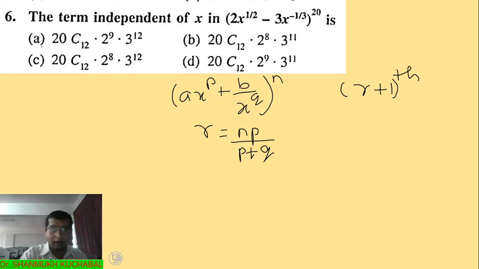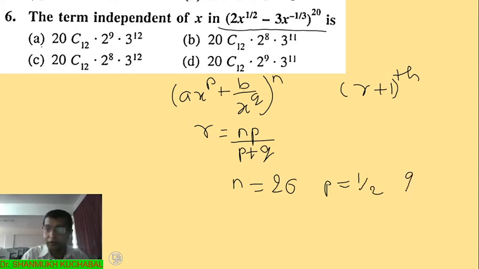Further on comparing, here in this expression we get n equal to 20 and p is 1 by 2, q we have to transport it to the denominator, and we get 1 by 3. These values we have to substitute in the r formula.